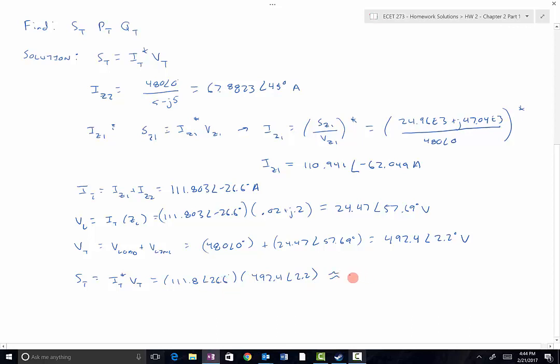After a little rounding, we get 55,048 at an angle of 28.8 volt amps. If I put that into rectangular form, I find that that's 35 megawatts plus 5.0625 megavars. Those are mega, they don't look like it, but they're capital letters. So that's our final answer for P and Q in the circuit.